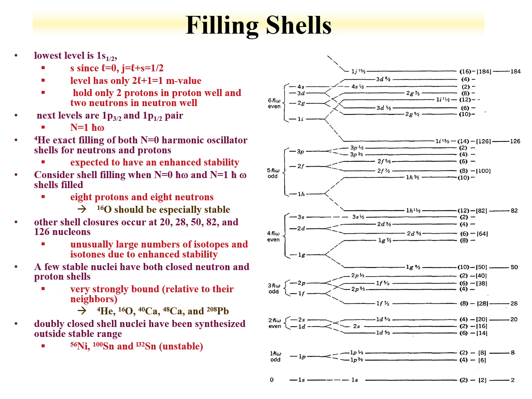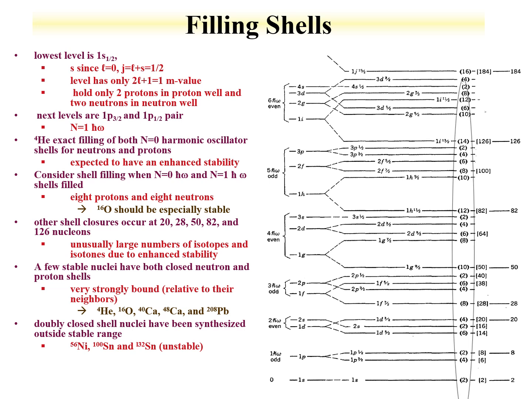We can also call these doubly magic nuclei, and some examples are listed here: helium-4, oxygen-16, calcium-40 and 48, lead-208. We can also find doubly closed, doubly magic nuclei that are unstable. Examples are given here, particularly tin-132, being one of the driving forces in the asymmetric fission distribution.